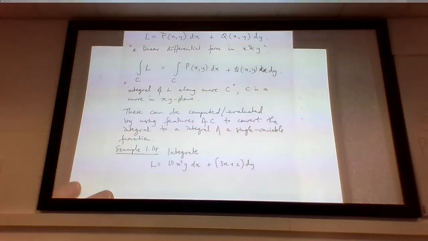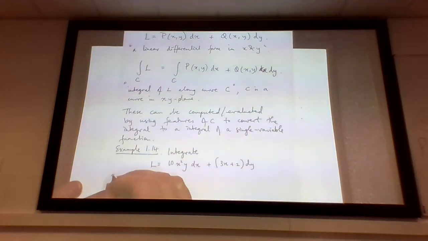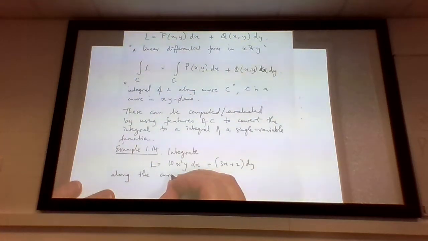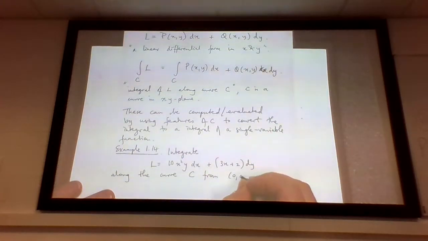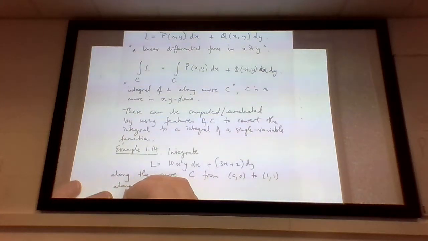And we're going to integrate this along the curve C. This curve goes from the origin to the point (1, 1) along the path y equals x squared.